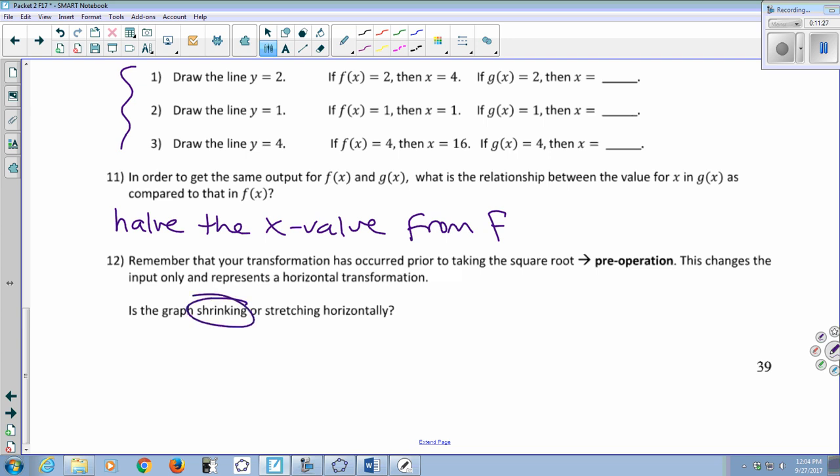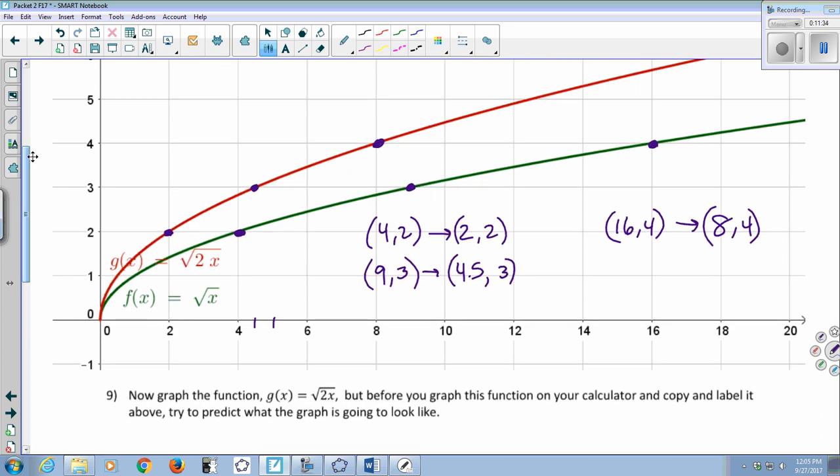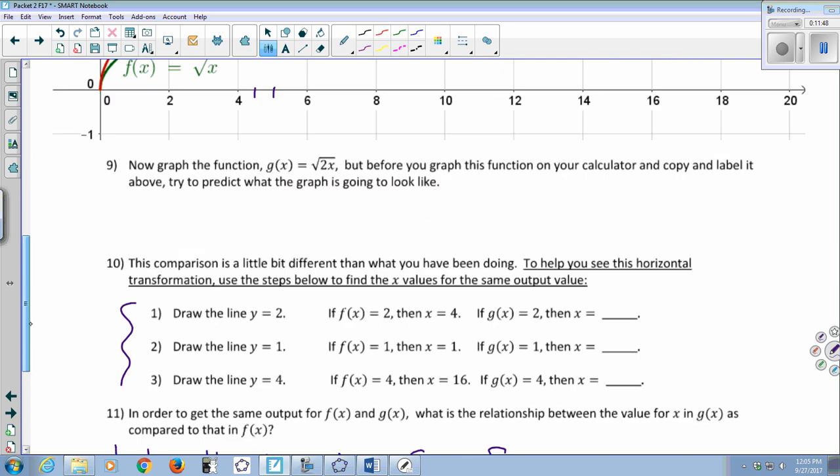We are shrinking because you have to take only half of the x value that you did before to get the same y value. So graphically, I can imagine that the way I got this red graph is I took the green graph and I put my hands on the left and right hand side and squeezed in. And that made the graph of g.